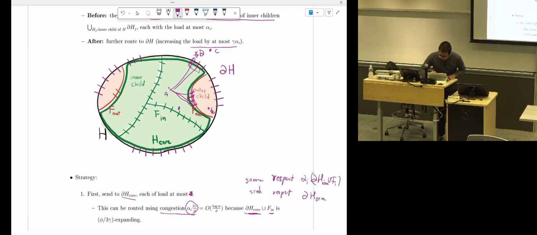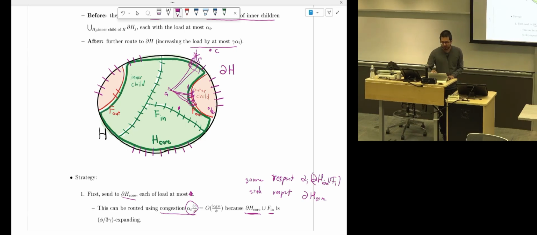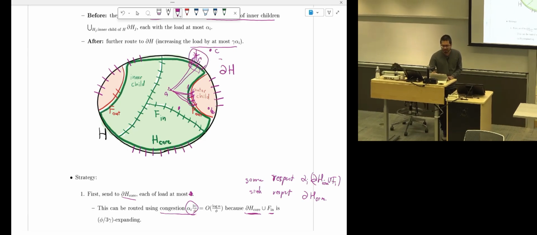Actually, I should say that, sorry. If it ends here, the load here is like gamma, 1/log. But if it ends here, the load is 1. So if it ends here, you just increase the load by 1/log. If it ends on the red edges, what should you do?